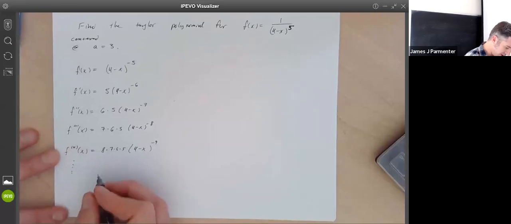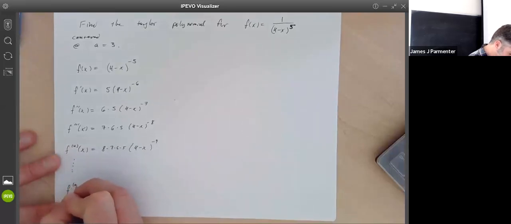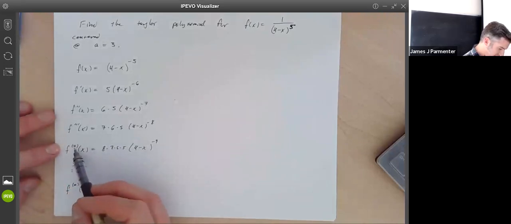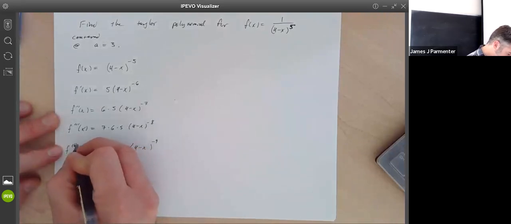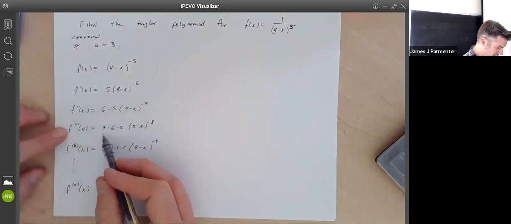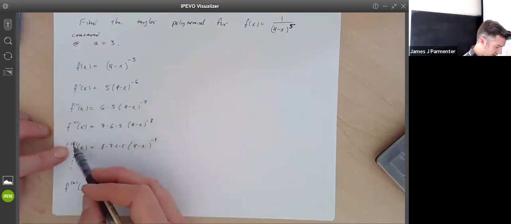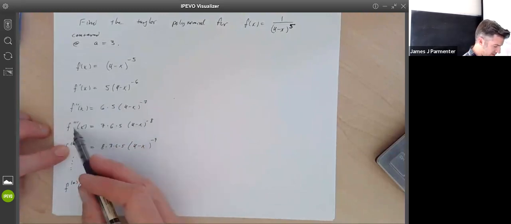So it looks like if I want to take the nth derivative, I'm always starting at a number that's 4 bigger than whatever derivative I'm taking. At the fourth derivative I got 8, third derivative 7.